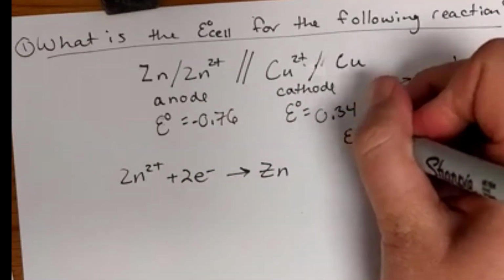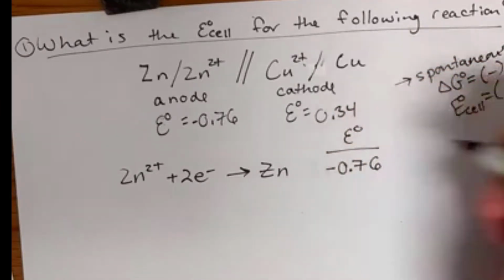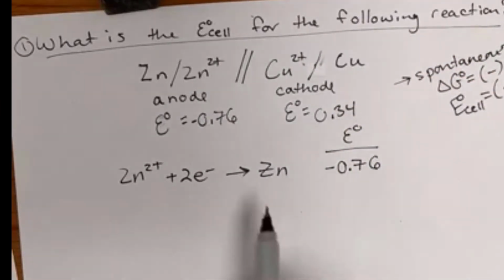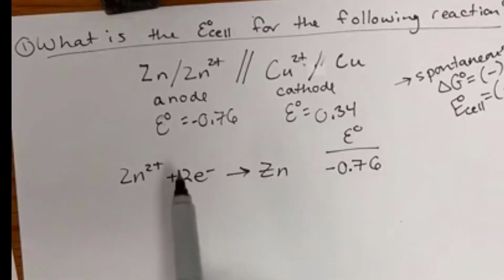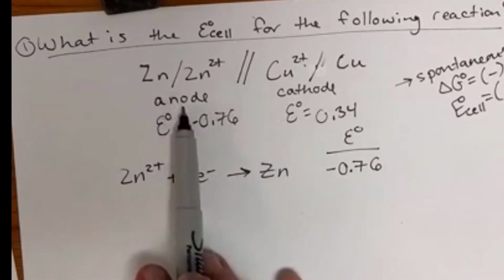My standard potential is -0.76. Because this is written as reduction, the electrons are getting added in as a reactant. We need to flip it in order to make it an oxidation, because anode, oxidation.